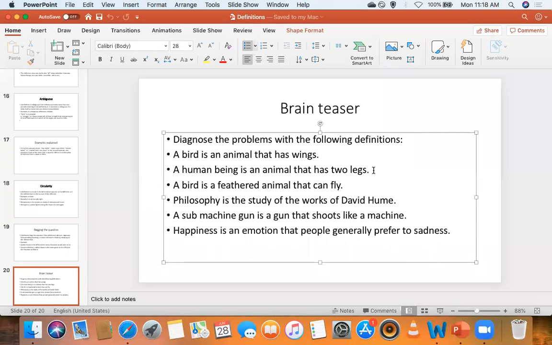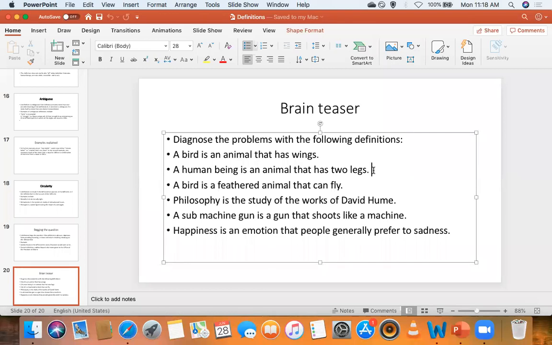Okay, for a definition to be too narrow, the definition is specifying something that is not enough to define the definiendum. So if you have instances of other animals that have 2 legs, apart from human beings, then the definition is too broad.